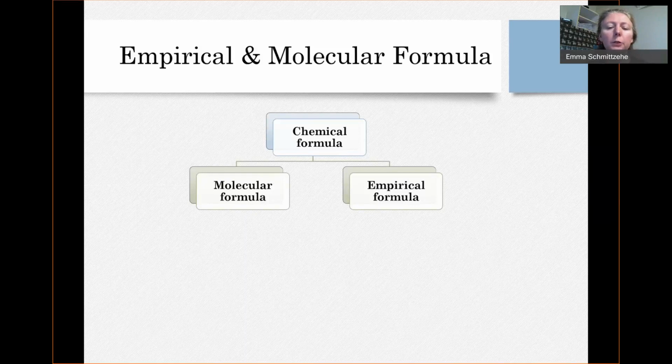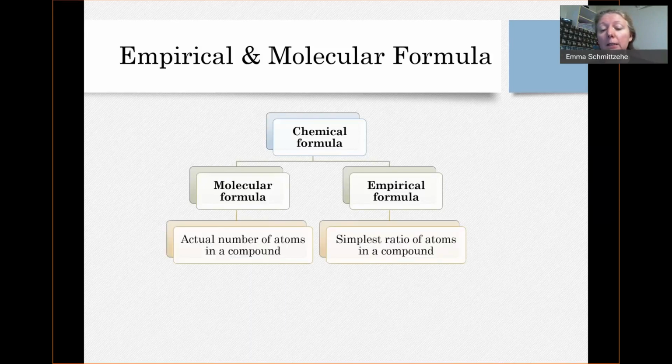But most often, really, what we're interested in is the molecular formula, whether or not that happens to be the same thing as the empirical or not. So, a molecular formula is the actual number of atoms in a given compound, whereas the empirical formula is the simplest ratio of atoms in a compound.